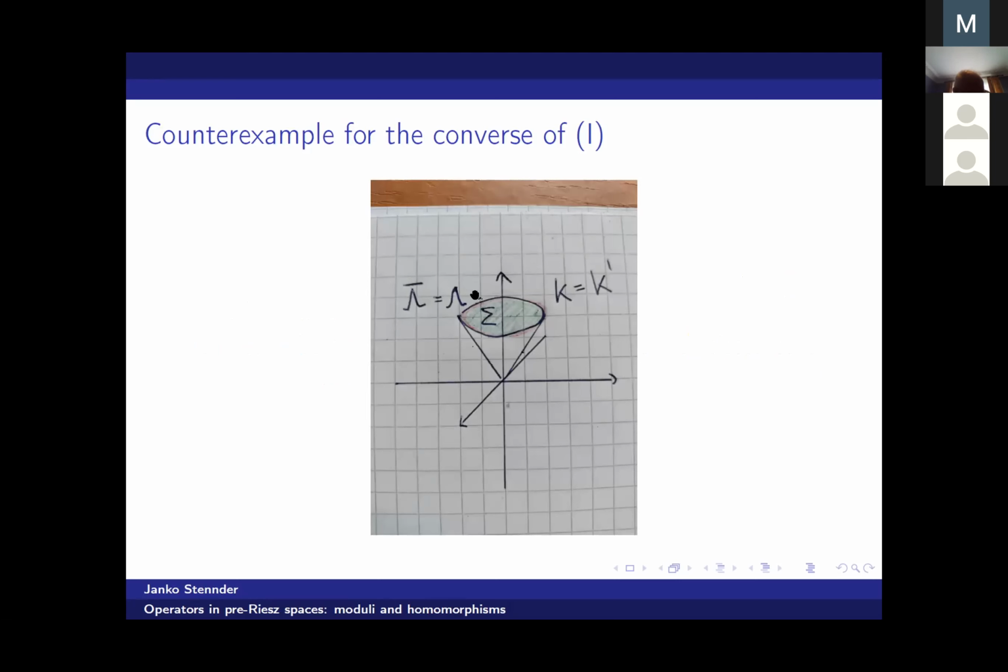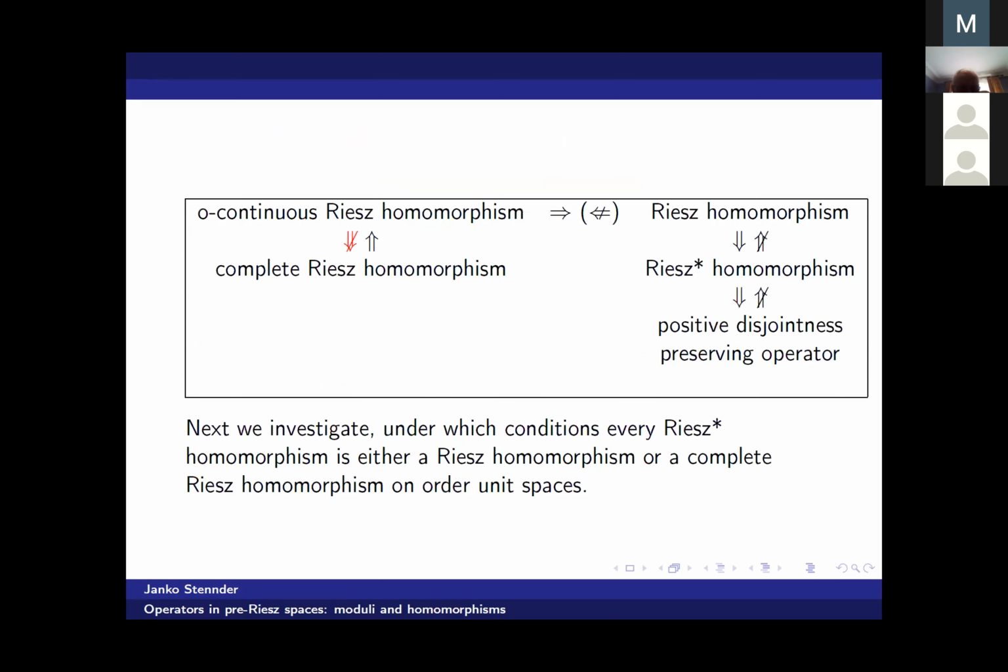And we have proved that every element in lambda is a Riesz homomorphism. So this is actually an order continuous Riesz homomorphism. But we see immediately that it doesn't matter which point I take, it's not open in lambda. So it's not a complete Riesz homomorphism. So by this example, we just showed that the converse implication here is actually not true.